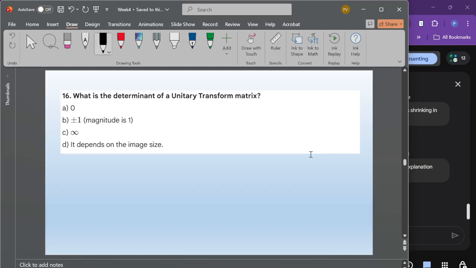The next question is, what is the determinant of the unitary transform matrix? Option A is 0, option B is plus or minus 1, magnitude is 1, option C is infinity, and option D is it depends on the image size.